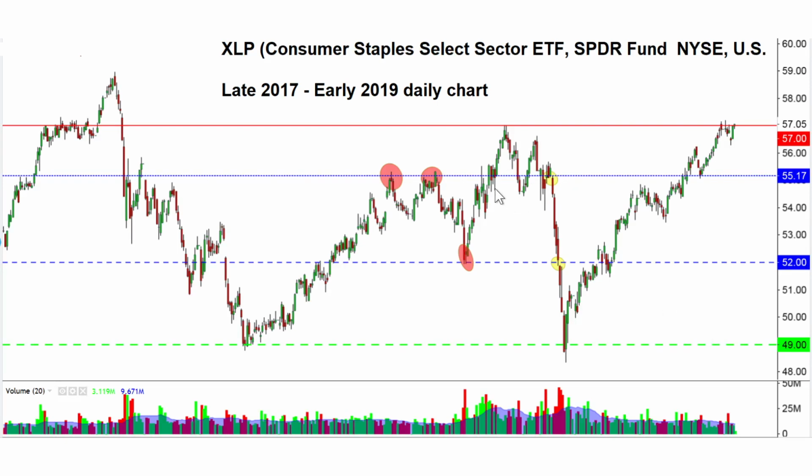We've also seen the concept of role reversal, where resistance can become support and support can become resistance. Also, notice the drastic shifts in volume that can occur when price reverses or a resistance or support is passed.